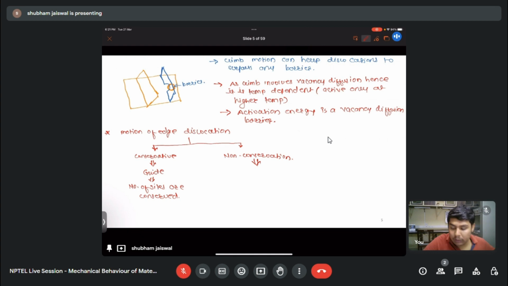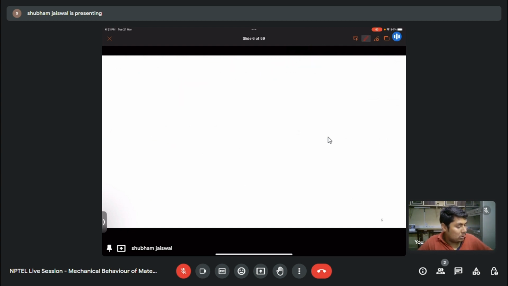The non-conservative is nothing but a climb motion, in which the number of sites is not conserved. Okay. So this is about how the screw and edge dislocations move out of the plane.